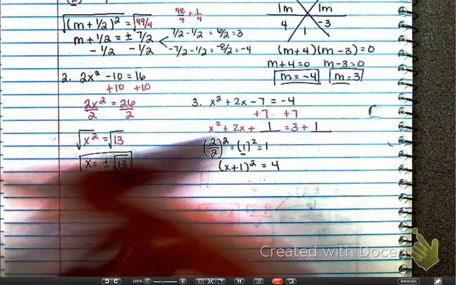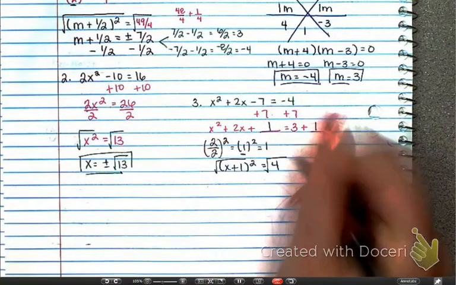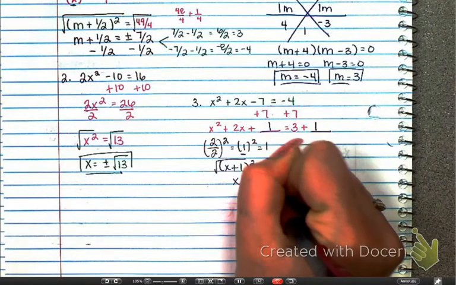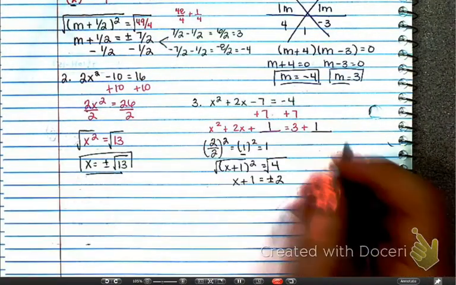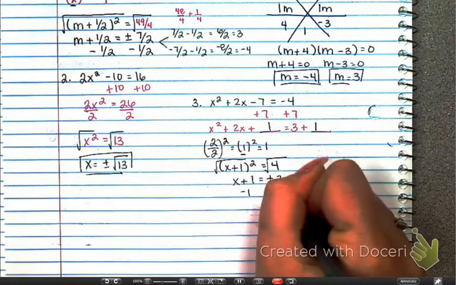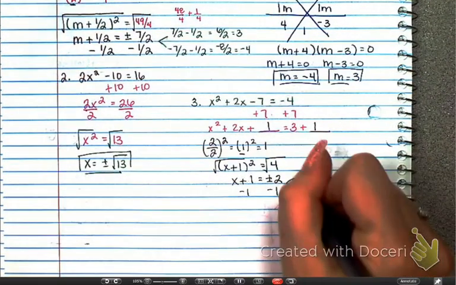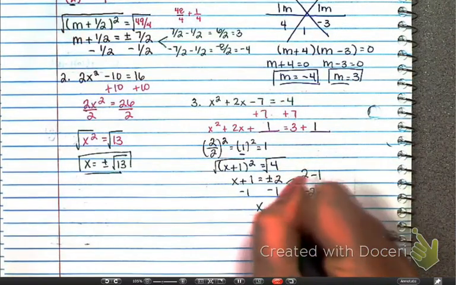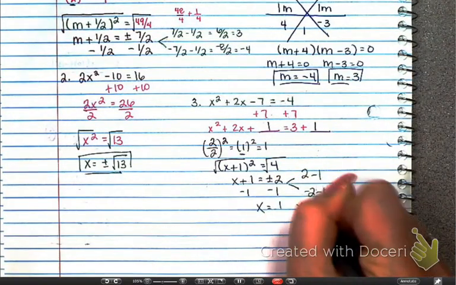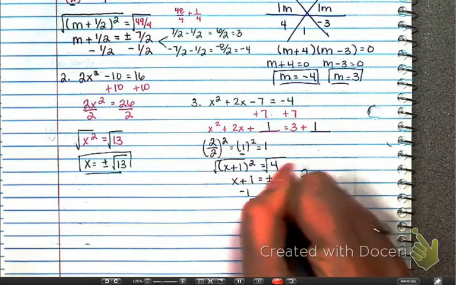From there, I'm going to take square roots. So x plus 1 equals plus or minus 2. Subtract 1. And I have 2 physical answers, 2 minus 1 and negative 2 minus 1. X equals 1 and x equals negative 3.